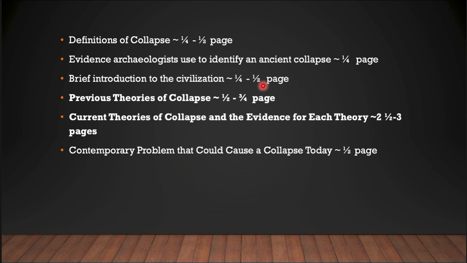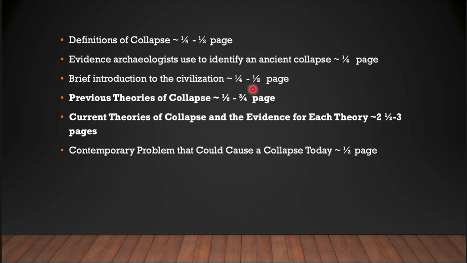Quarter of a page to half a page, right? So, the Old Kingdom of Egypt rose during this period. It was the period of the pyramids near 2100 BC. There was a sudden downturn in Egyptian civilization, etc. So you don't have to go too much into detail on the civilization.